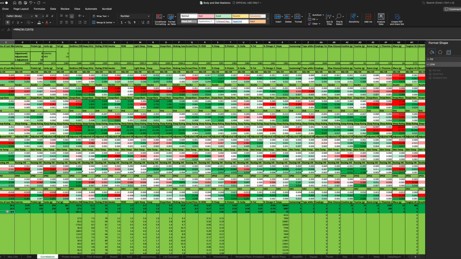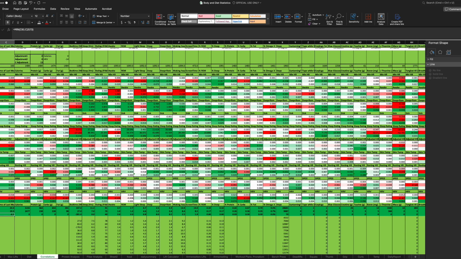Then each column has a few statistical values here. The R squared is basically just the R squared value of that column versus the next day heart rate variability.